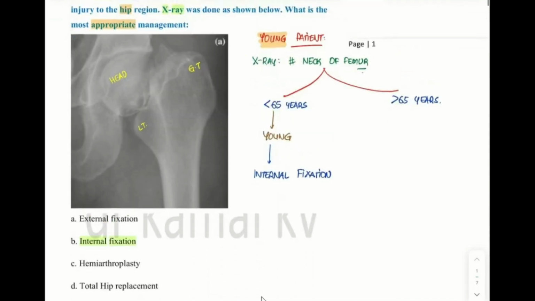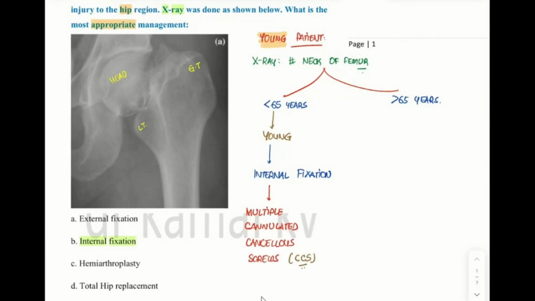Clear? So in a young patient, the answer will be internal fixation. Now what we do here actually, we use multiple cannulated cancellous screws. You can remember it as CCS, cannulated cancellous screws.